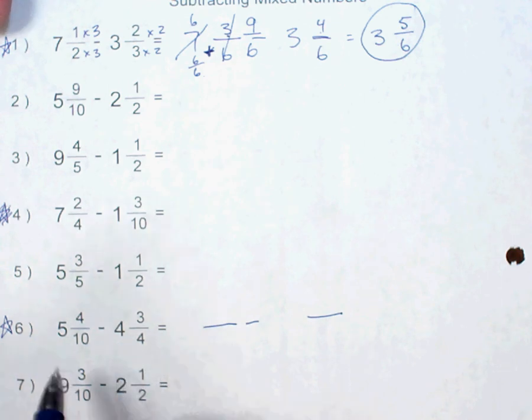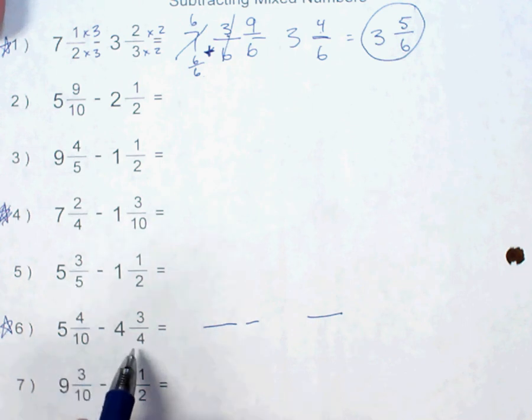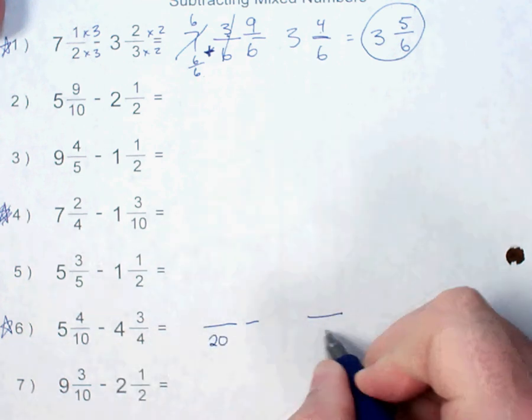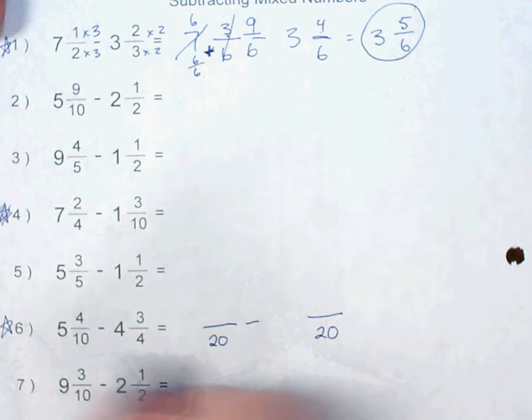But if I think about my multiples of 10, I've got 10, 20, 30, 40. And I think about my multiples of 4: 4, 8, 12, 16, 20. I've got 20 as a common one.